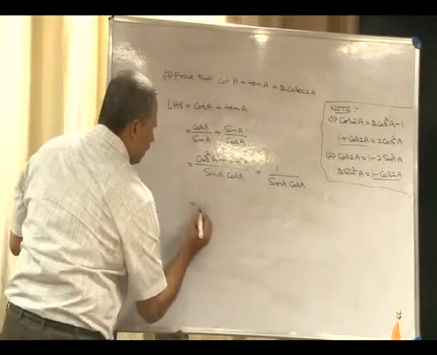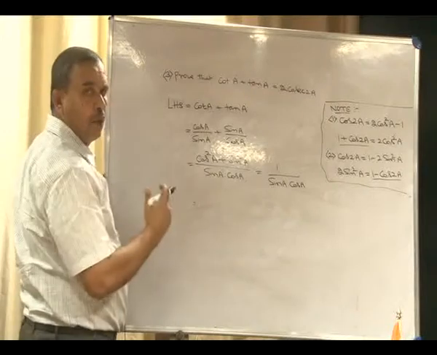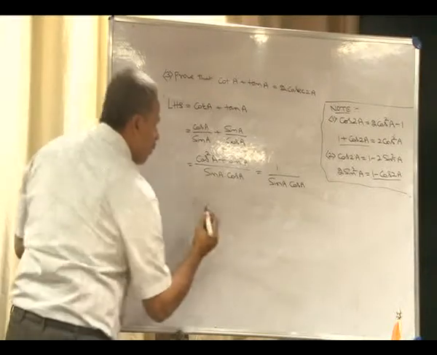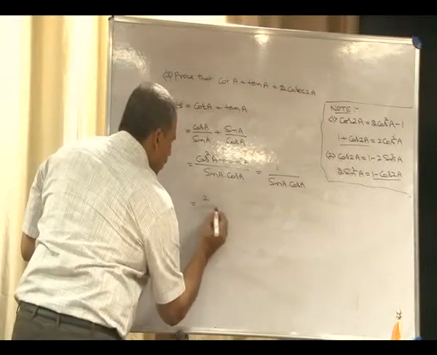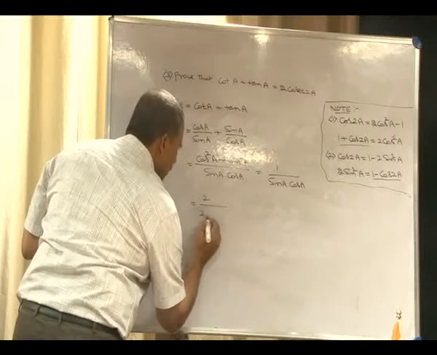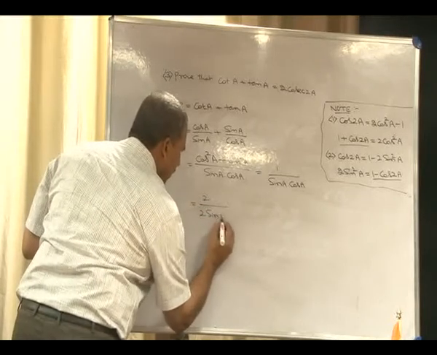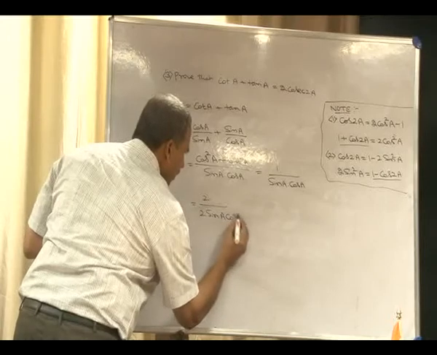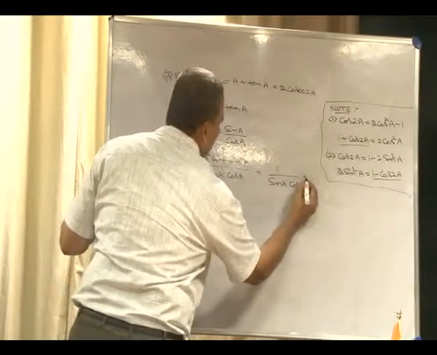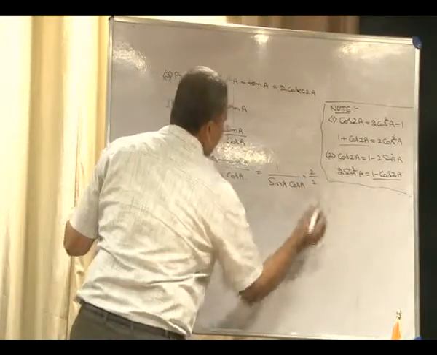Now multiply both numerator and denominator by 2.